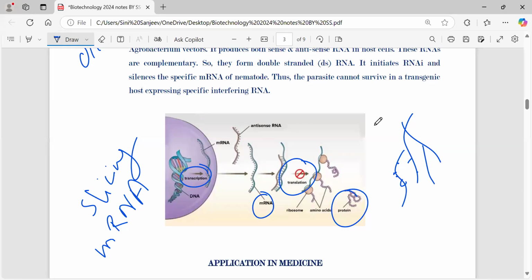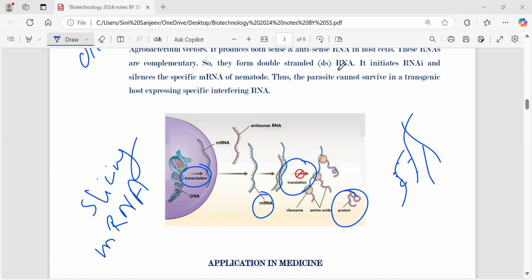So whatever the source of this is. Yeah, so what I was saying is, this is how DNA to protein conversion actually takes place.